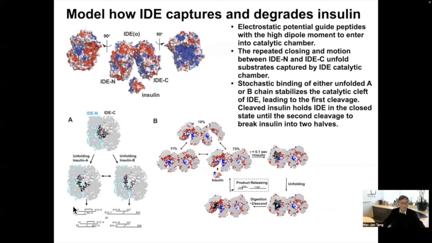That leads to breakdown of insulin into an N-terminal half and a C-terminal half. IDE does undergo this three-state transition with a preference for the OPO state, which explains the allosterism of this enzyme.